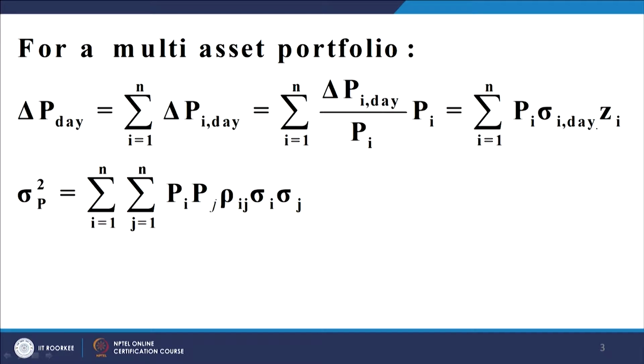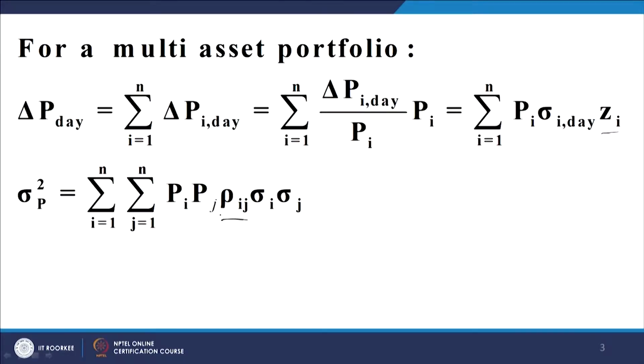And this Z_i expression has a mean of 0 for each i. This Z will be different for each constituent of the portfolio, for each asset that goes into the portfolio, and therefore we have this term coming up, rho_ij, which originates from the correlation between the different Z_i's.